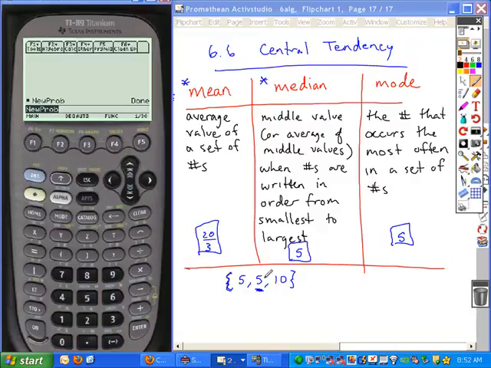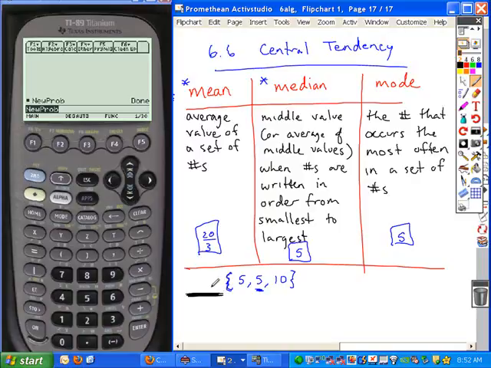If you're using the computer, the online one, you can use the keyboard to type in the word, but you're going to insert mean or median right here, and then in the parentheses, you'll place this set of numbers, and it will give that to you.